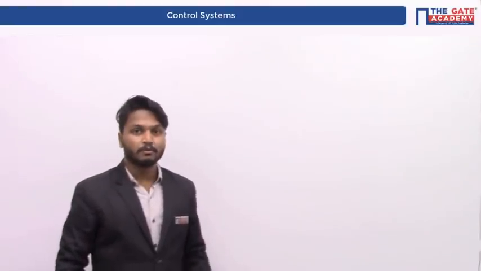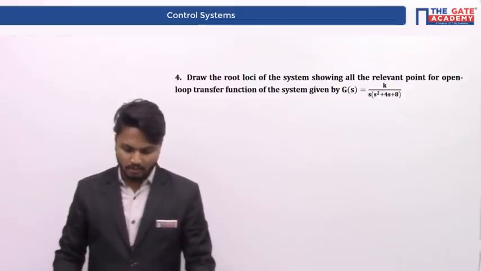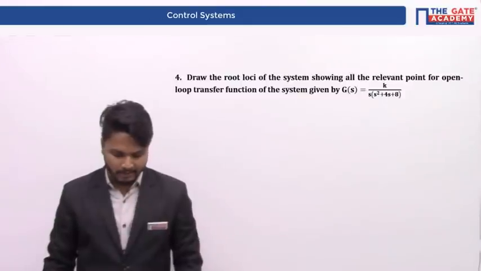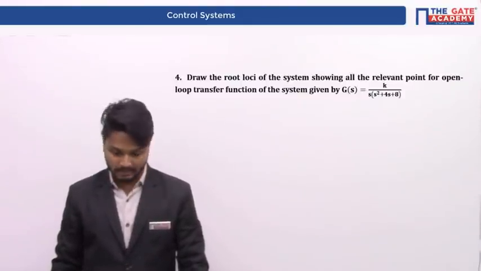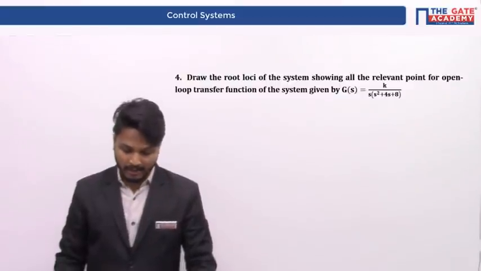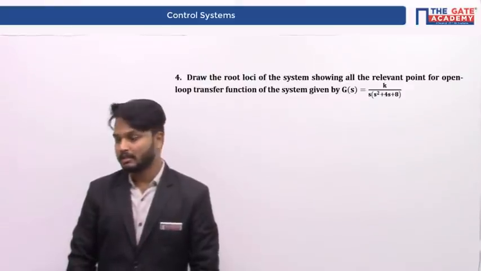So the fourth question you can see here is something like this. Draw the root loci of the system showing all the relevant points for the open loop transfer function of the system given by g of s is equal to k upon s multiplied by s square plus 4s plus 8.